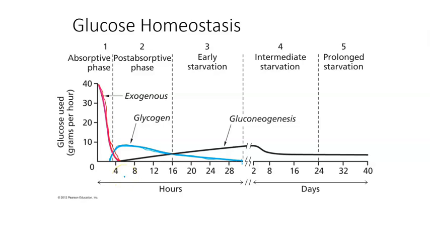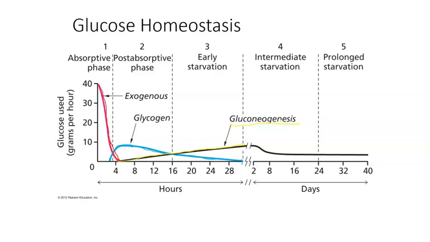What you can see here, besides the exogenous glucose and the glucose from the glycogen stores, is that they're also showing us the glucose from gluconeogenesis, so liver-derived glucose.